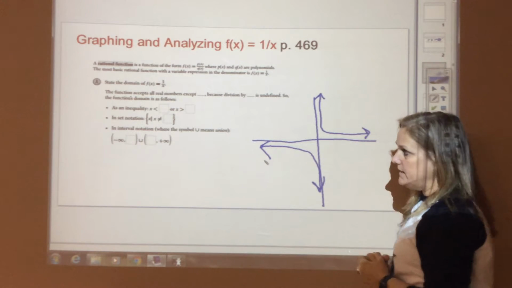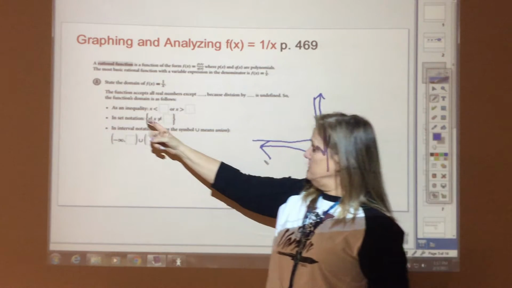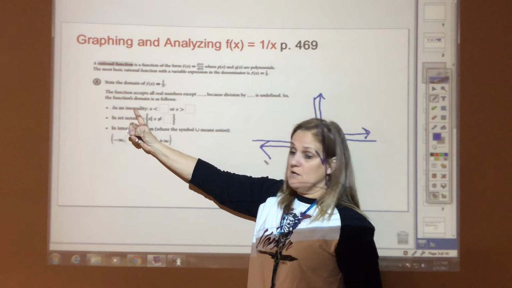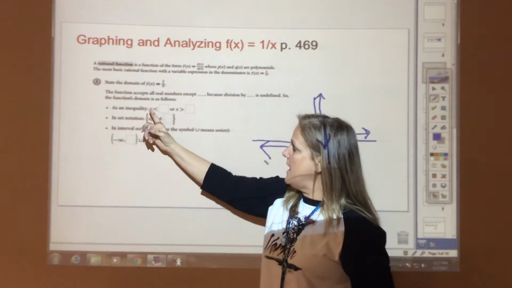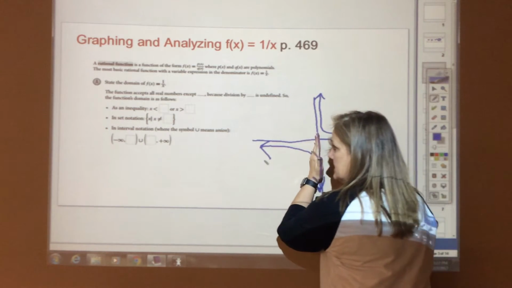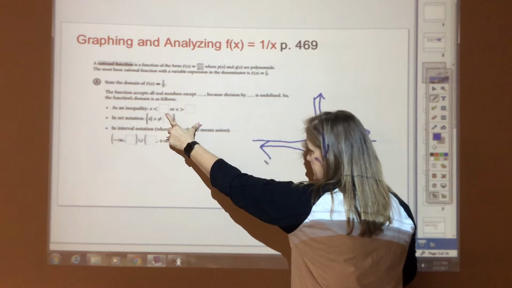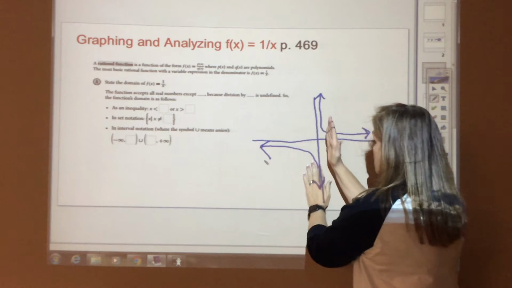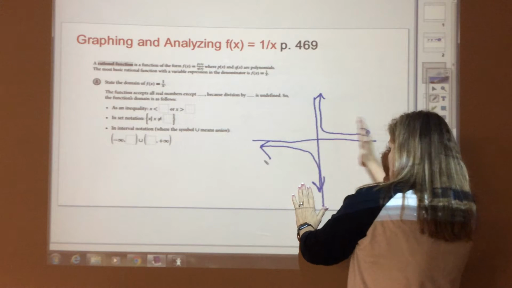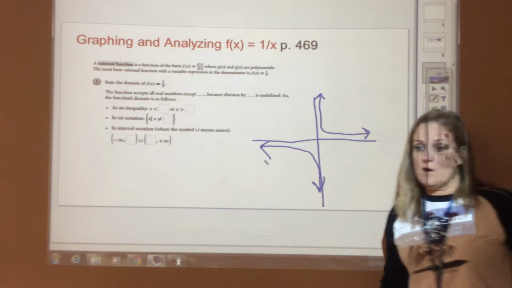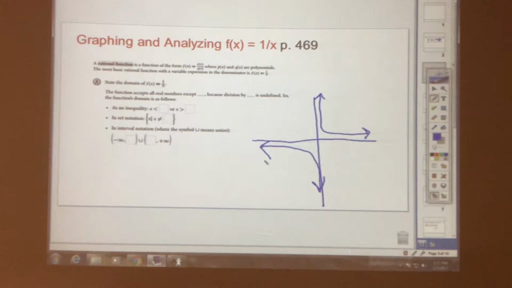0. All right? So first thing we're going to write it as an inequality. So you would write x is less than 0 or x is greater than 0. Doesn't that cover everything except 0? So fill in right there. X is less than 0.